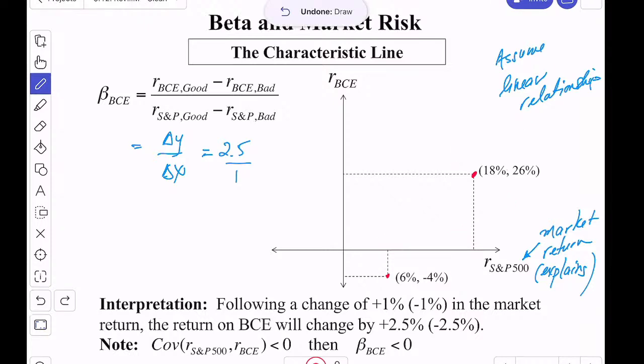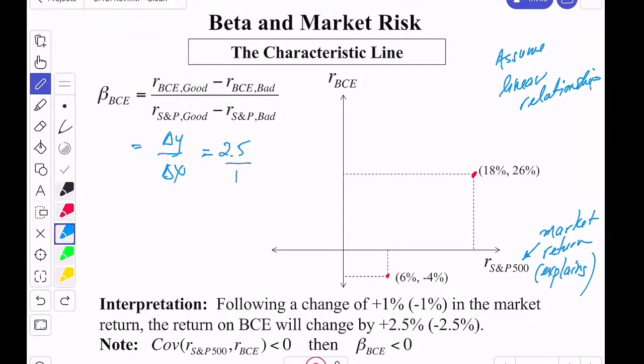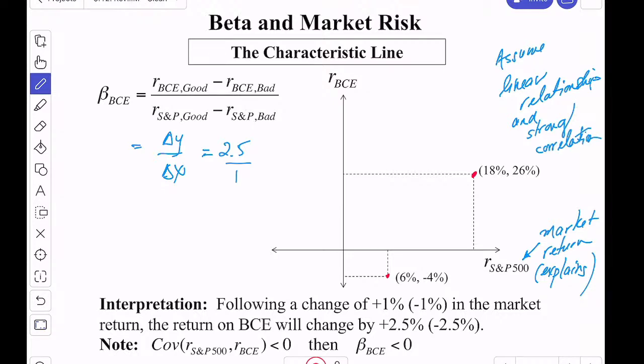In this case, we assume linear, and we also assume a strong correlation to be able to interpret the slope. If there was a weak correlation, the slope is kind of not meaningful, right? Because you're not really going to use the line to make predictions if the correlation is poor.